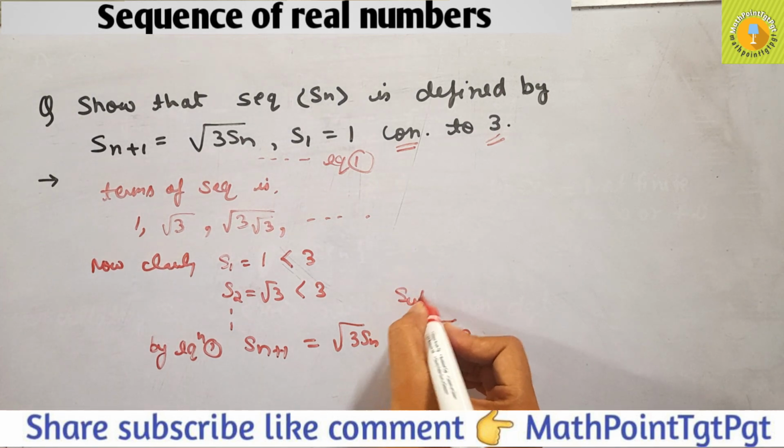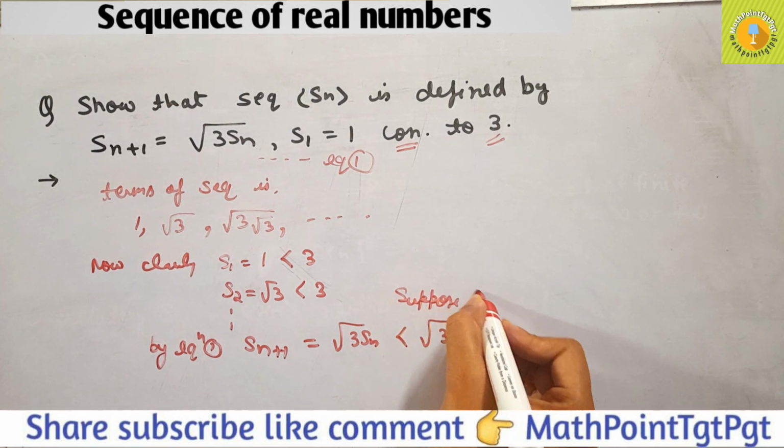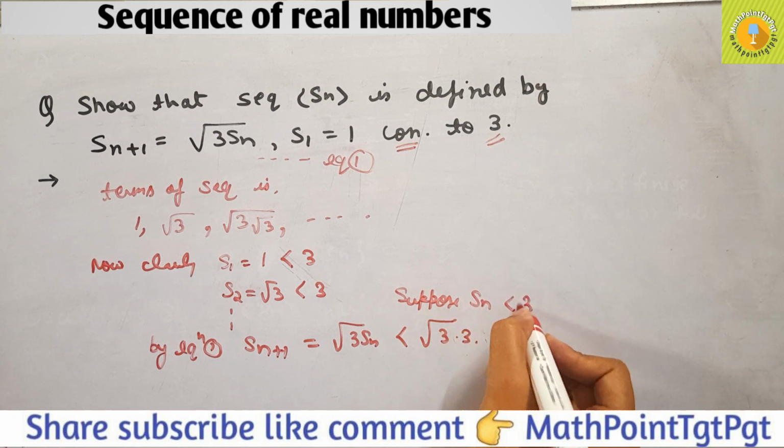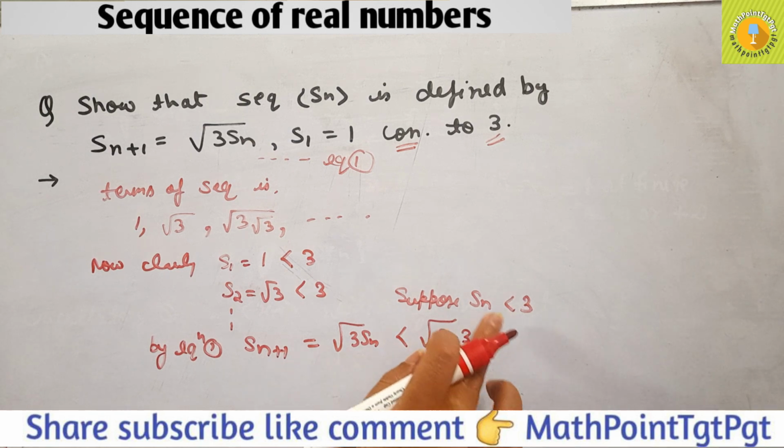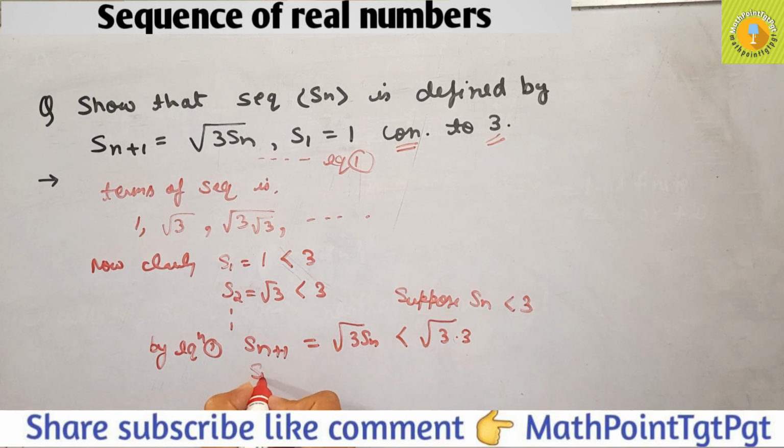Let us suppose Sn is less than 3. Now we have to prove that Sn+1 is also less than 3. So from this equation, Sn+1 is also less than 3.